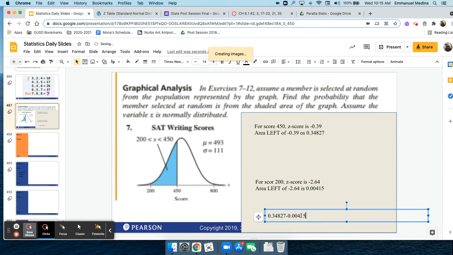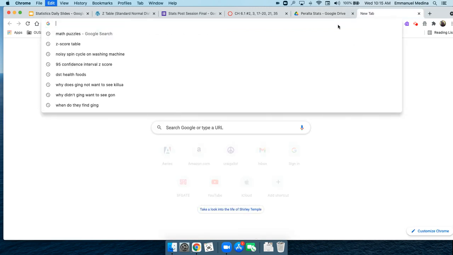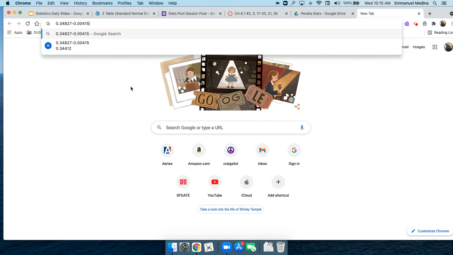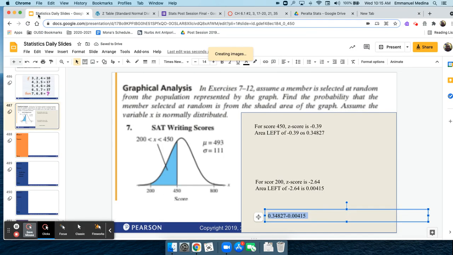I am going to copy that, paste it into a new page, and get an answer. 0.34412. And the interpretation is that about 34% of the population has an SAT score between 200 and 450. I hope that is helpful.